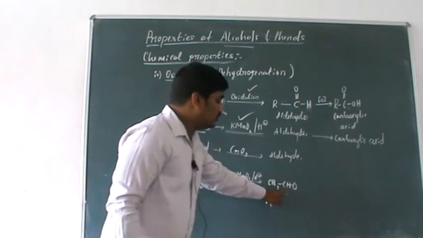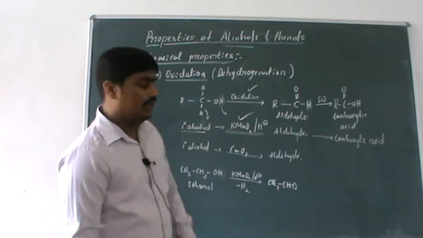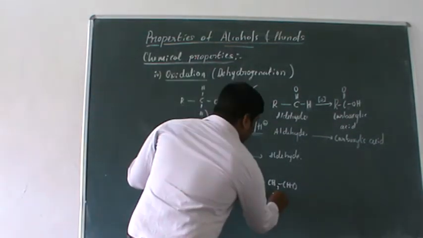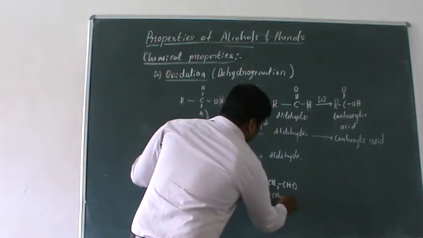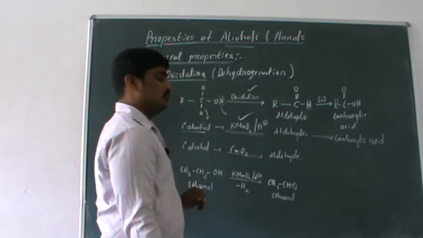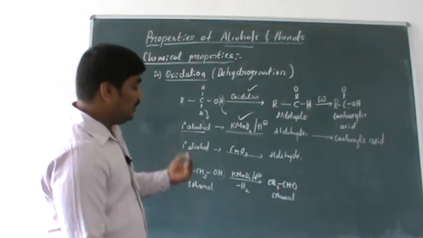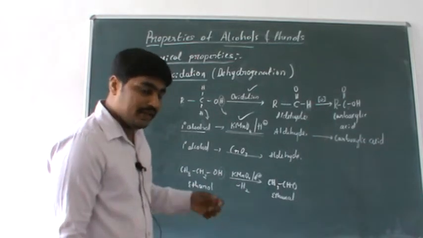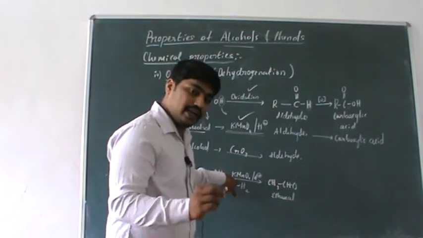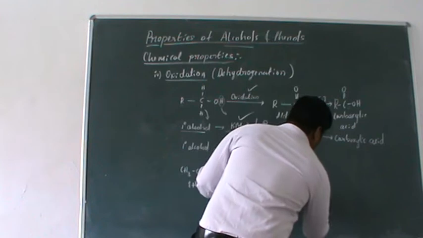CHO remains. Aldehyde is produced. So what is the name of the aldehyde? Ethanal is produced. Ethanal does not remain as ethanal because of the acidified KMnO4; it again undergoes oxidation.